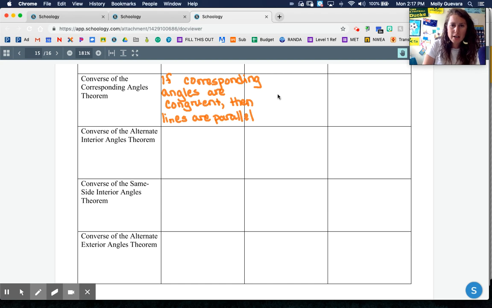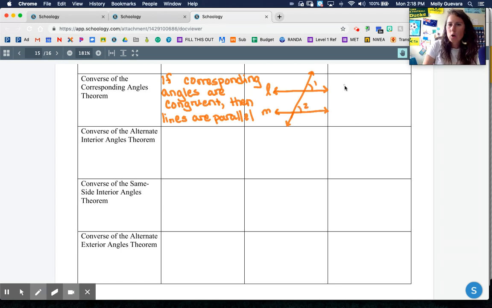So if I go to draw an example, say here's a line, let's call that line L, and let's call this one line M, and if I have a transversal, and let's call this angle 1, and let's call this angle 2.